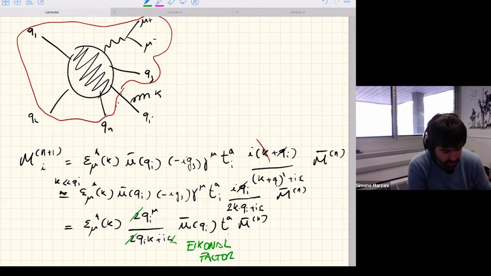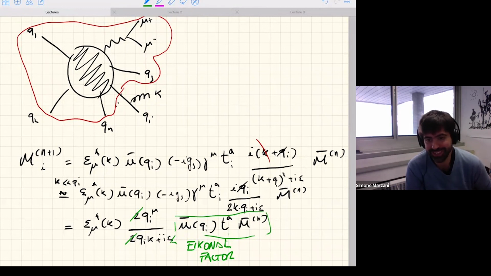Okay, so we're happy. We can factorize the kinematics, but we haven't fully factorized. We're not able to fully factorize the color information, because the color information remains trapped in the structure.